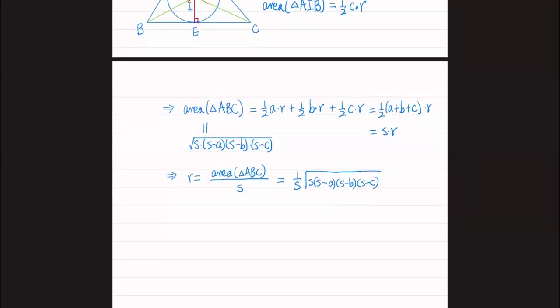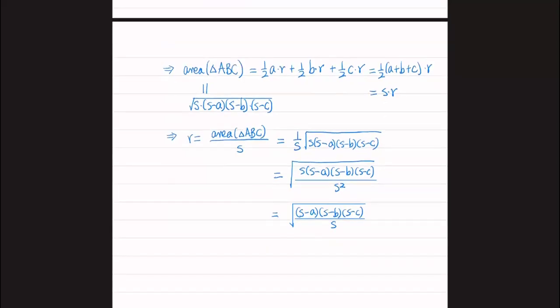We can simplify this a little bit, not much. We can put this 1 over s under the square root, so s becomes s squared. We cancel one of them. Okay, so that's the radius.